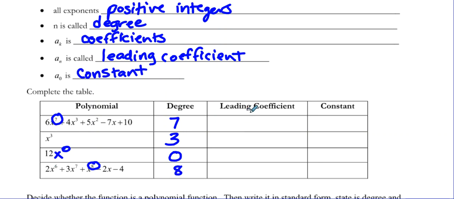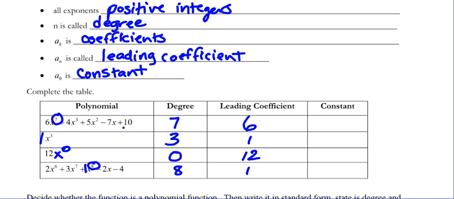Now the leading coefficient is the coefficient of the term with the biggest exponent. So in the first one it's 6. In the next one I don't see a number, so that would be a 1. The lead coefficient here is 12, and here it's going to be 1.